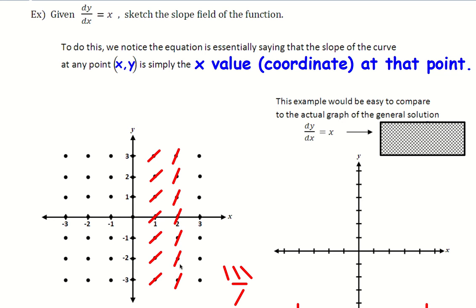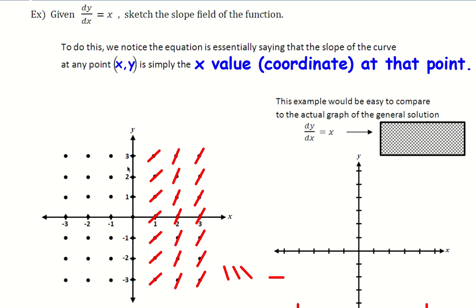We're drawing these little line segments. And likewise here, the slope would be 3 because the x coordinate is 3, so dy dx is 3. These are a little bit steeper, like a slope of 3 is steeper than a slope of 2 or a slope of 1. So here are all the little line segments for those spots.